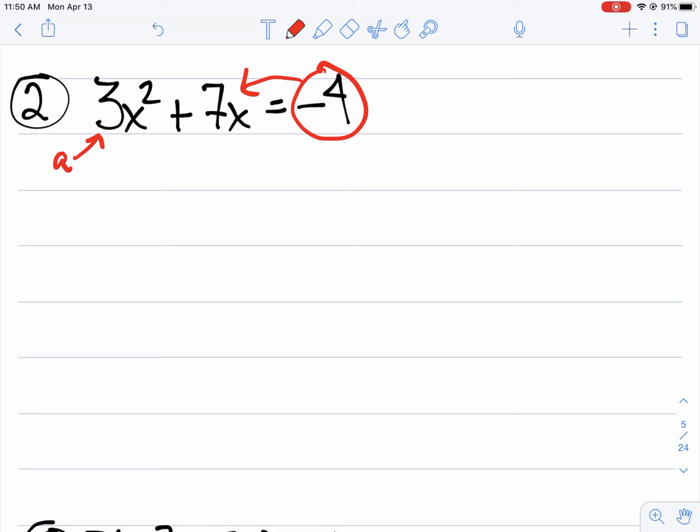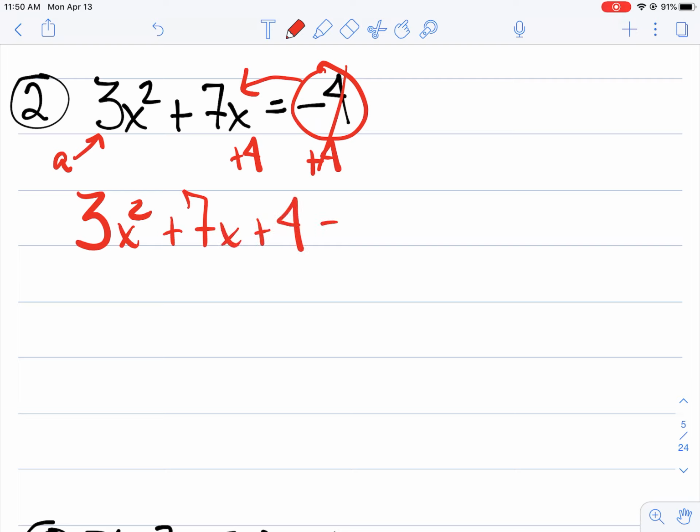So in order to get one side of the equation equal to 0 for this problem, we're going to add 4 to each side, okay? Now there are no like terms on the right side or left side to combine with 4, so we're just going to write it down. 3x squared plus 7x plus 4 equals 0.